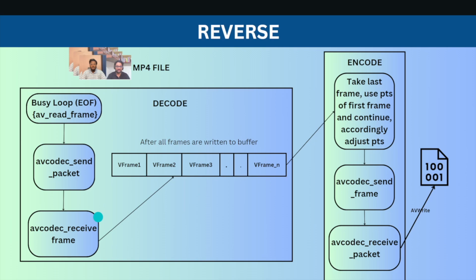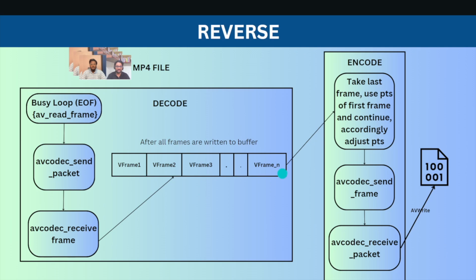Here, as we are only interested in storing the video related frames and we don't want any audio related frames, I'm just storing the video frames, and until the end of the file is reached, I am storing all the video frames into a buffer.